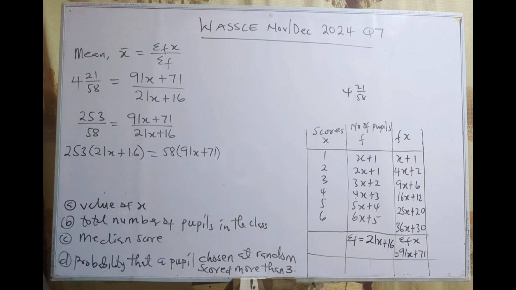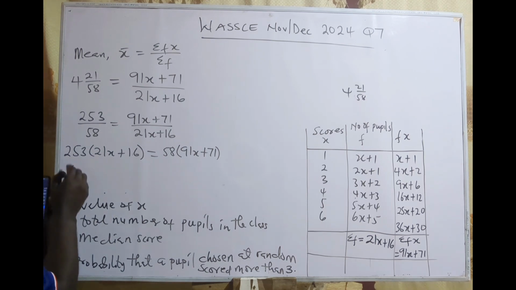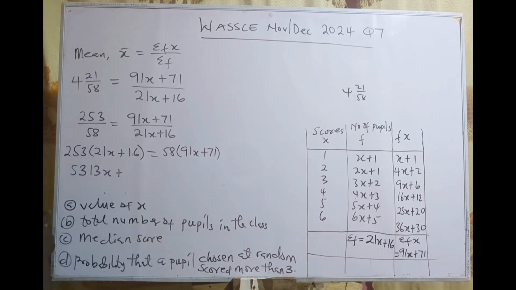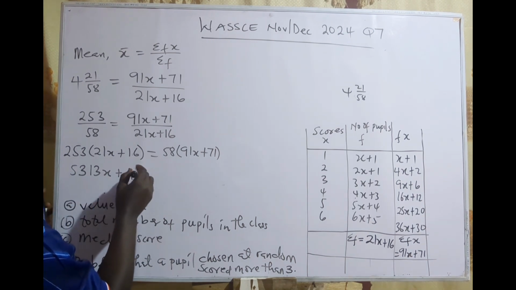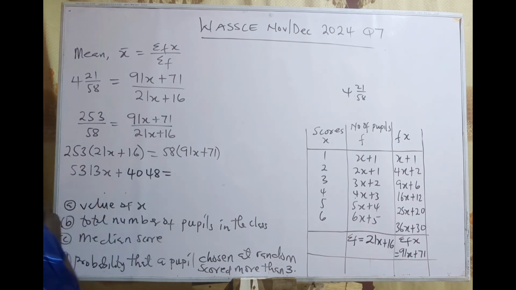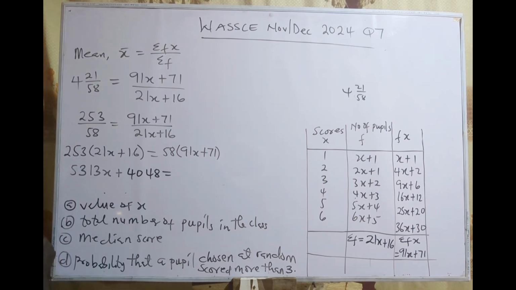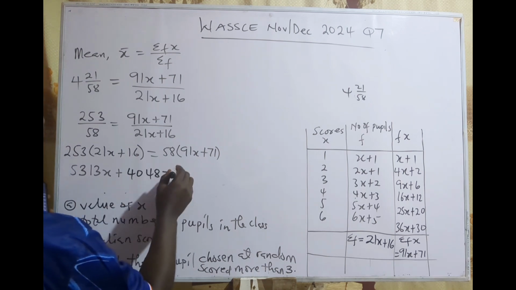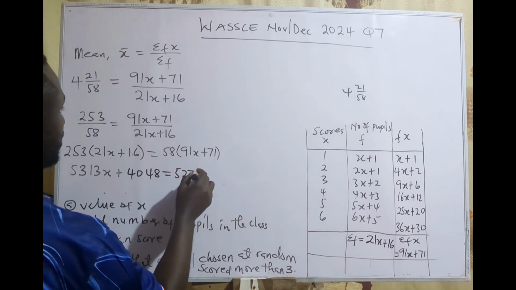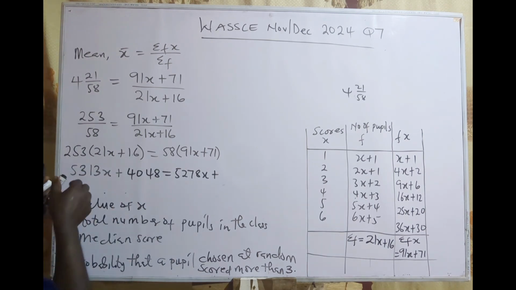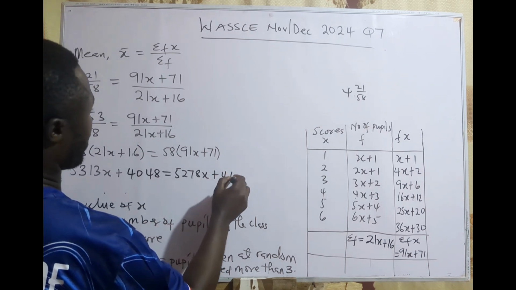So 253 times 21 will give us 5313x plus 253 times 16, that will give us 4048, equal to 58 times 91. 58 times 91 will give us 5278x, plus 58 times 71, that will give us 4118.